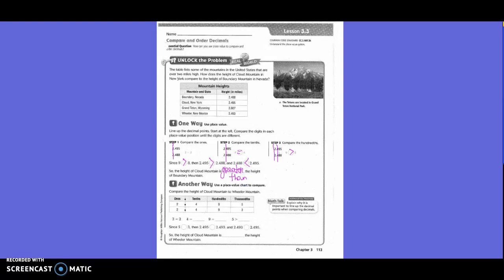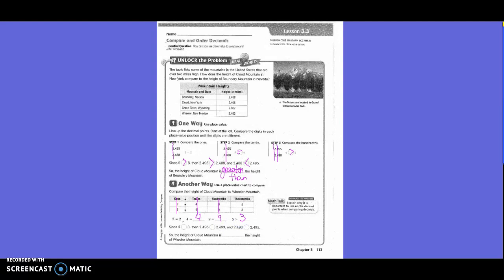So they want us to compare the height of Cloud Mountain to Wheeler Mountain. So they want us to do the place values again. So 2 is equal to 2, so we cross that out, right? 4 and 4, they're equal. 9 and 9, they're equal. 5 is greater than 3.